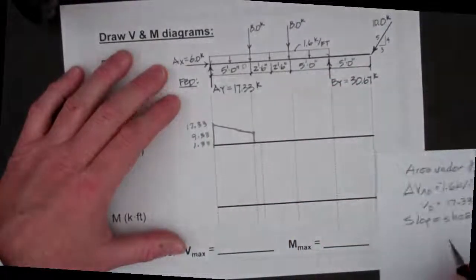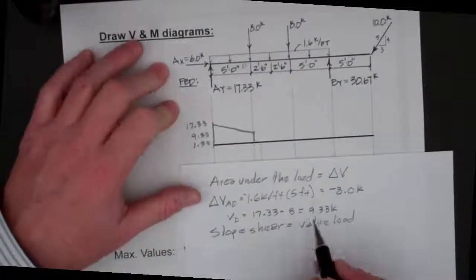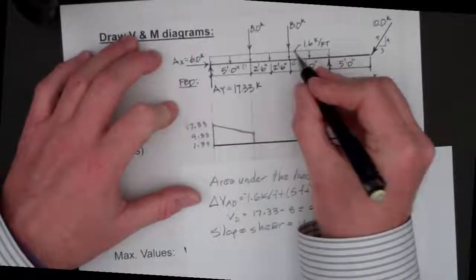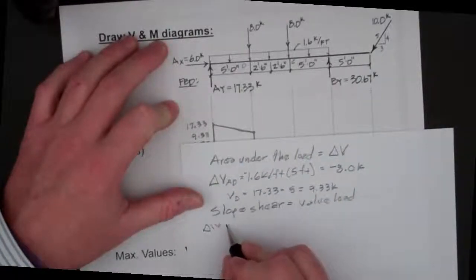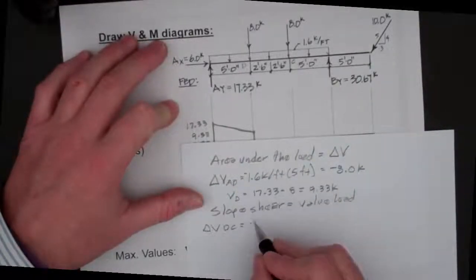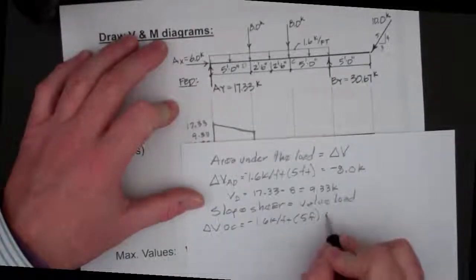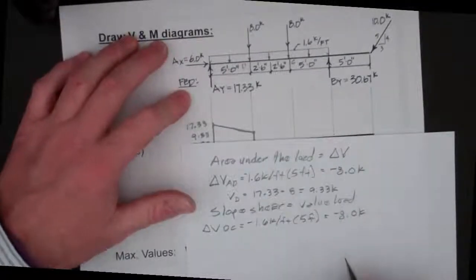And from there, now we want to find the change in shear from point D that we had before to our new point, which we'll call C, and that's going to be equal to the area under the load, like we described. That's going to be minus 1.6 kips per foot times the length of 5 feet, which is again equal to negative 8 kips.